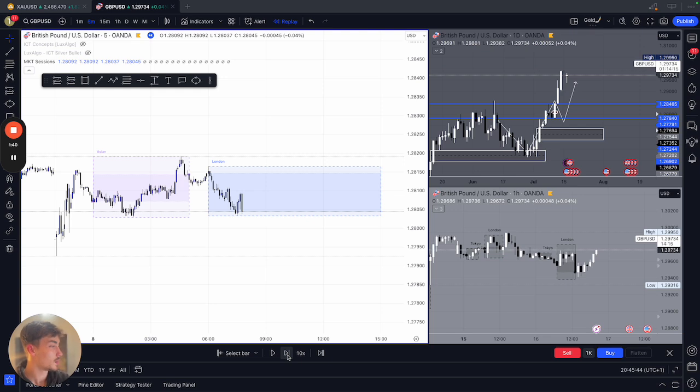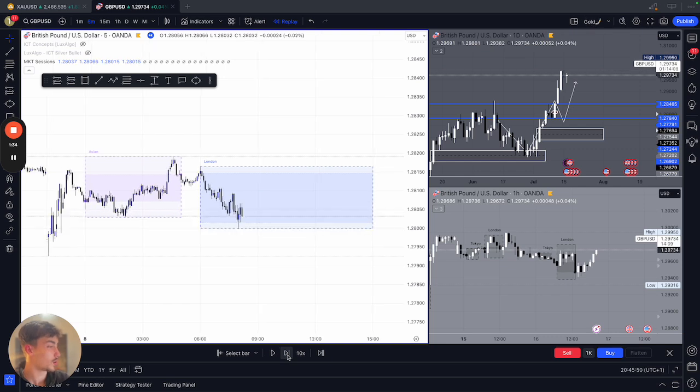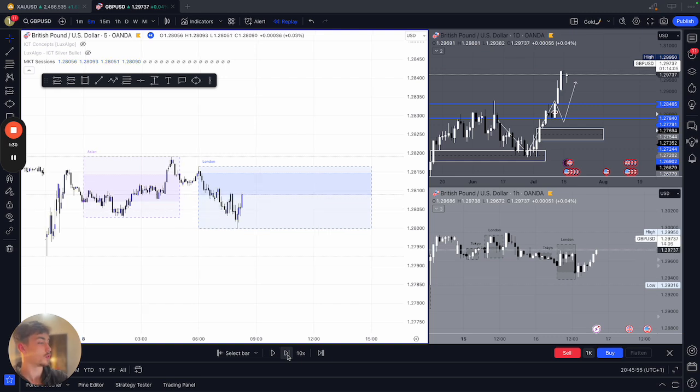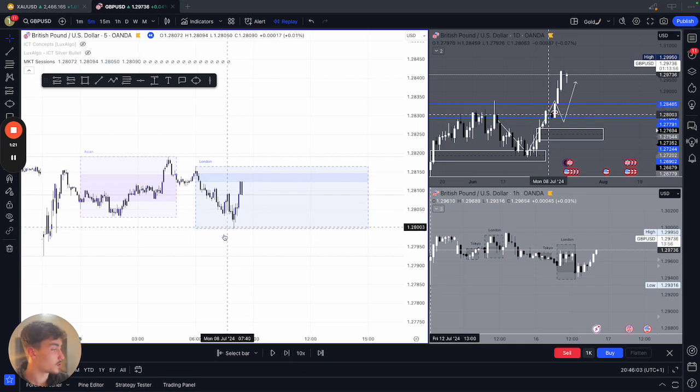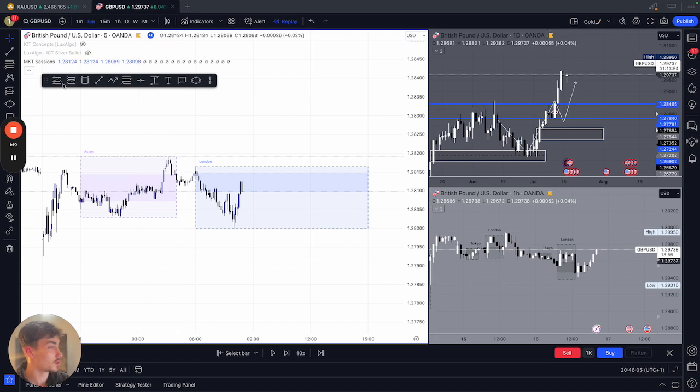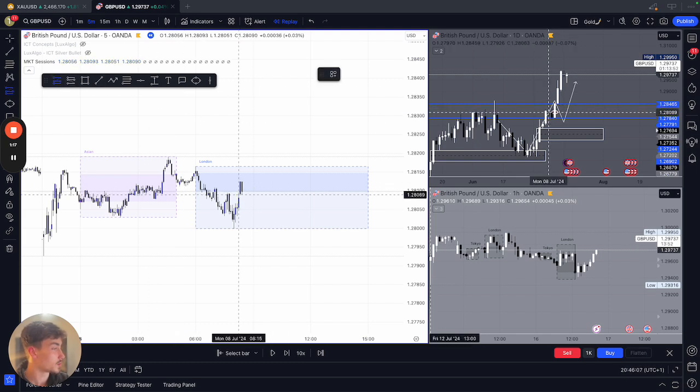If we skip a few candles ahead, you see we take Asia low, so this is where I'd now be looking to find an entry for my position, and quite quickly we get one here. So this was a live trade taken in the channel. That's how I knew this would happen here.